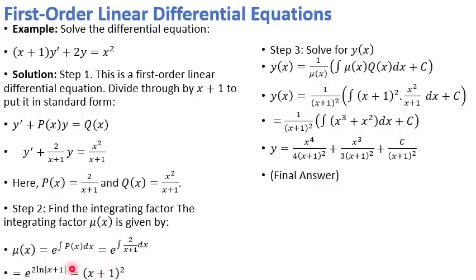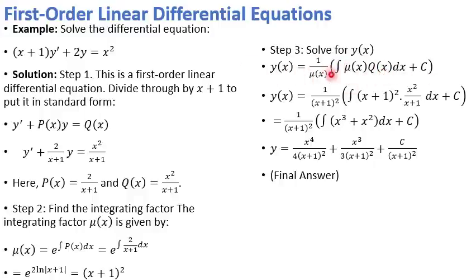So now this is what we've done. We just invoked the property of logarithms that relates to this to get this. All right, simply done. The next step now is to solve for y directly. So now this is the standard solution for y when solving first order linear differential equations.